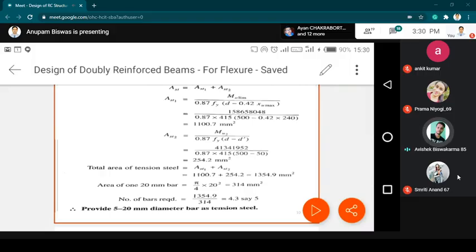But my question is that for any sir, like we are designing a random beam, sir. For that, how much of bar we can take, sir?